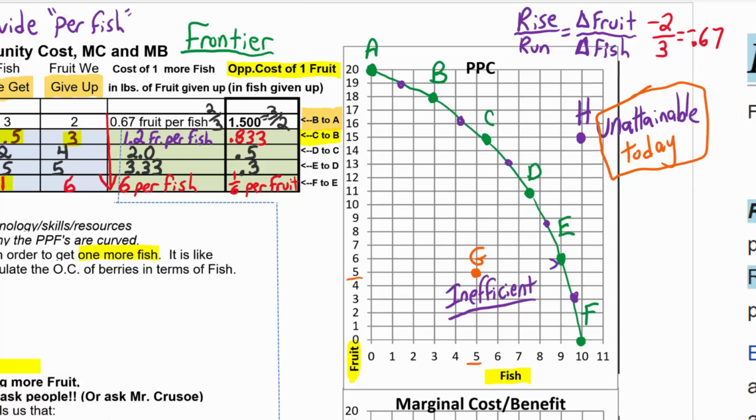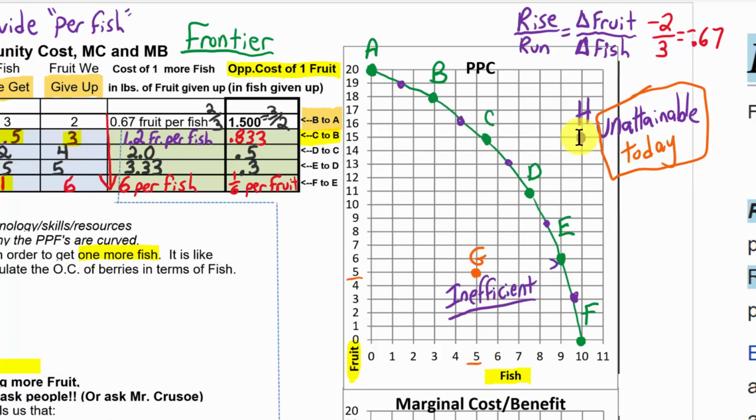Now, we could do a point like F where we get 10 fish but no fruit, but we can't get 10 fish and also 15 fruit, right? Or we could do a point like C where we have 15 fruit but we only have 5.5 pounds of fish. So H is something that we just can't do with our current amount of resources.